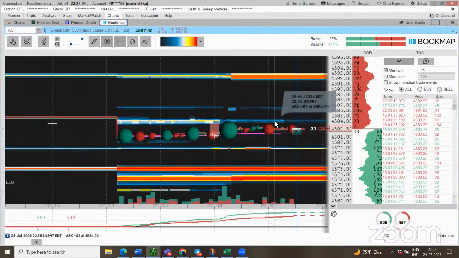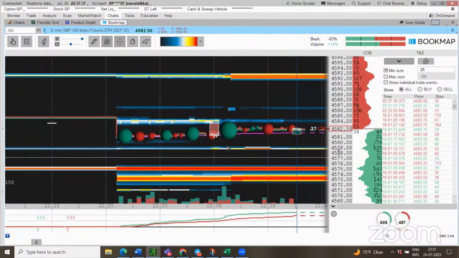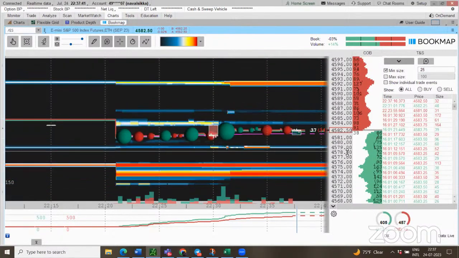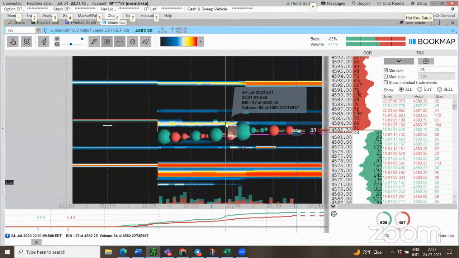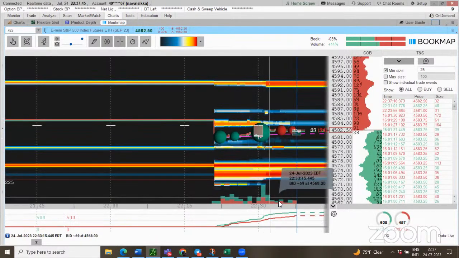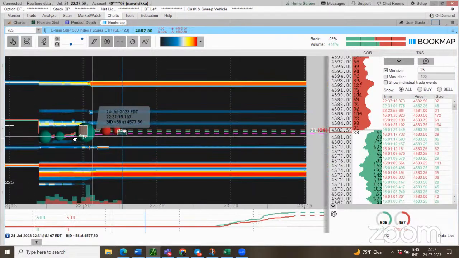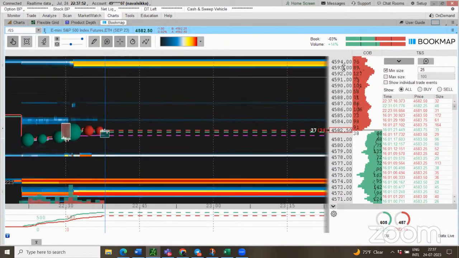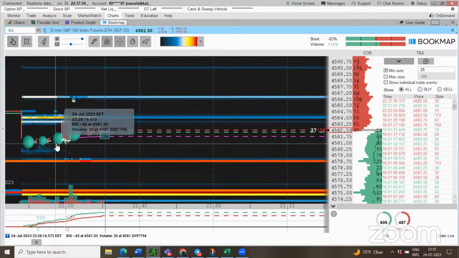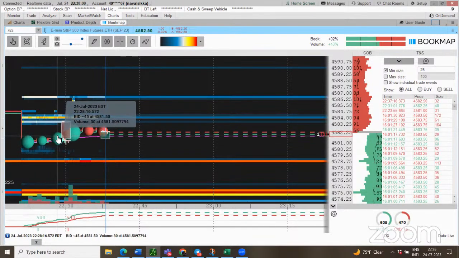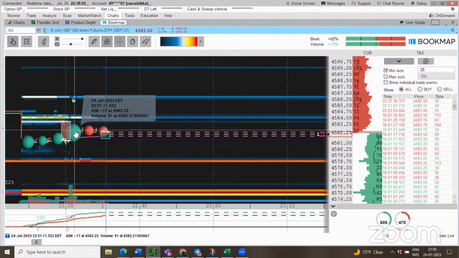So now let's go to Bookmap. Even on the Bookmap, you see these balls which are three-dimensional here. These balls were getting bigger in size and there was some buying volume behind them.